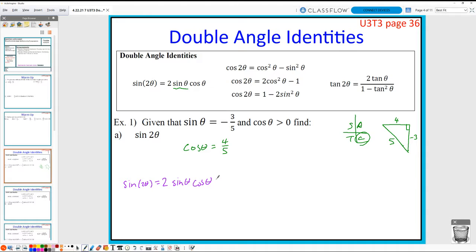Substitute in the values that I have. So 2 times negative 3/5 times 4/5. This is equal to negative 24 over 25. And that's it.